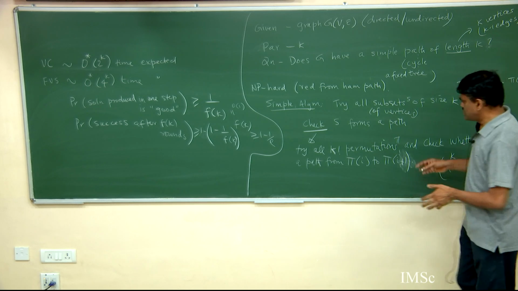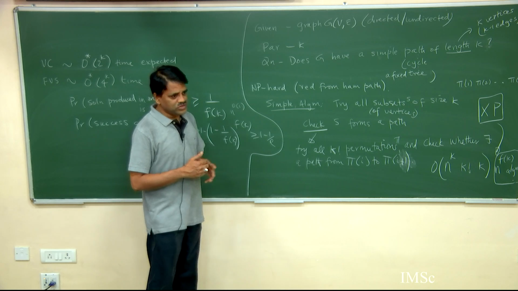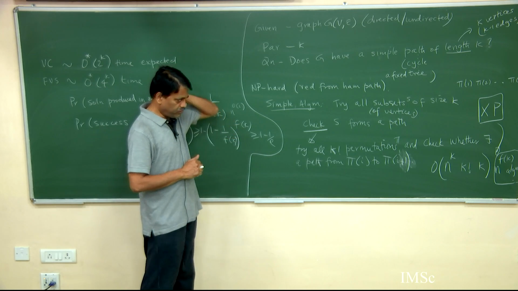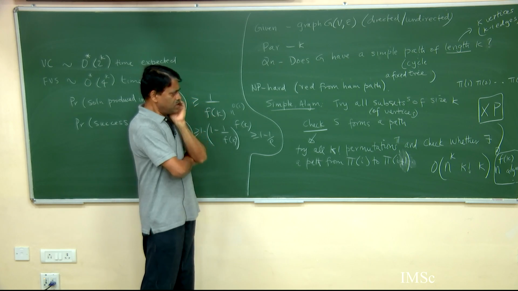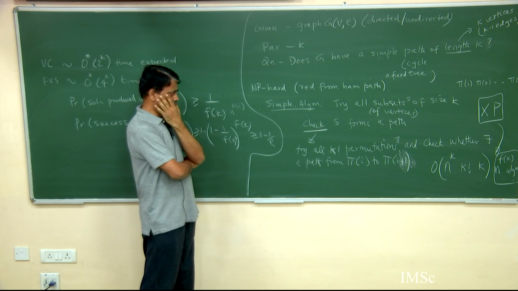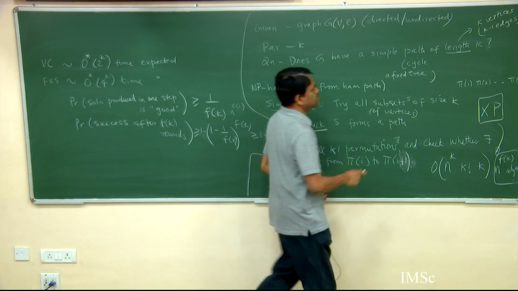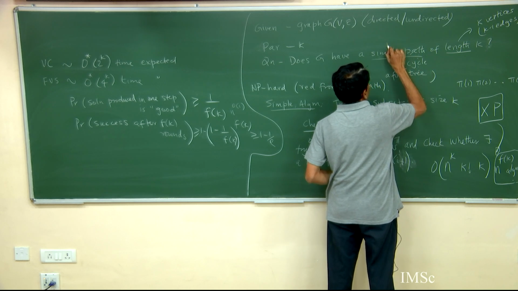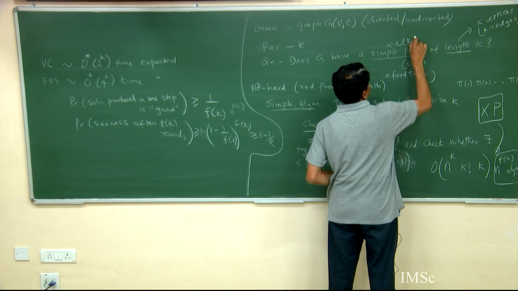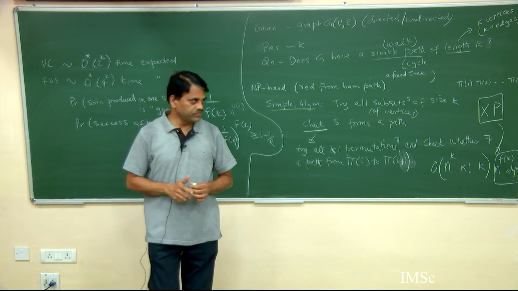So this permutation gives you some sort of an idea, you want to do some randomness here, because we are initially going to look at a randomized algorithm first. Okay, instead of simple path, I don't care about simple path. I just want a walk of length k. Do we know how to do that?